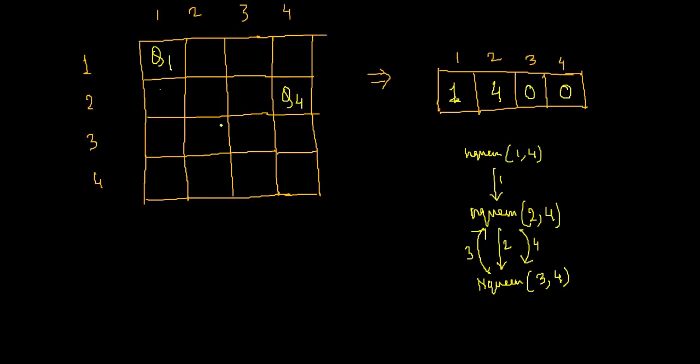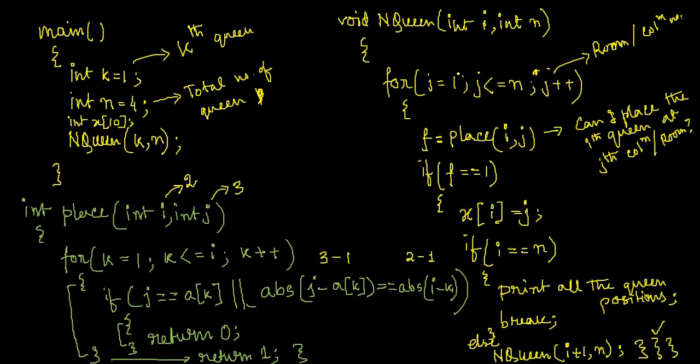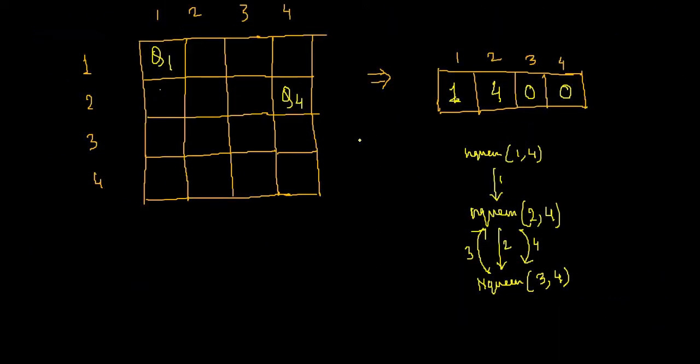Now if you come to this part, when j becomes equal to 2, placing the third queen in the second column is not a problem. We have seen that we will not get any collision with the ith queen, and also the kth queen from 1 to 2. That means you can easily place this.